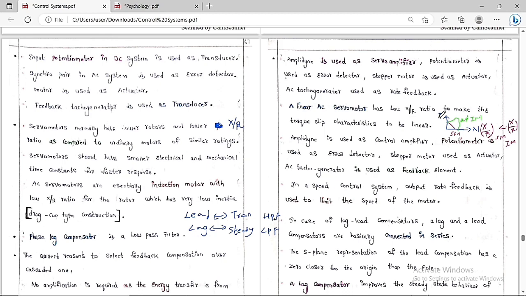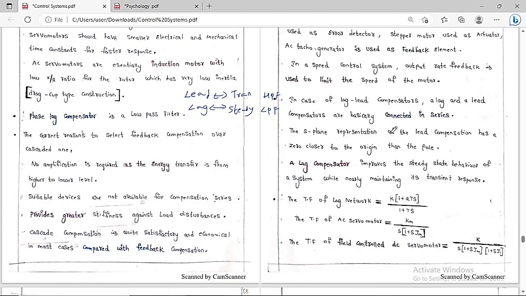The next point is, in the case of lag lead compensators, a lag and a lead compensator are basically connected in series. I've already told you this in a very detailed fashion, also lead compensator, lag compensator, and lag lead compensator.